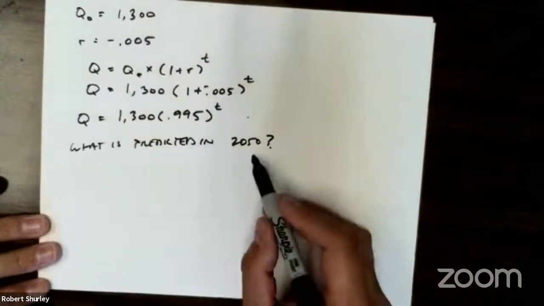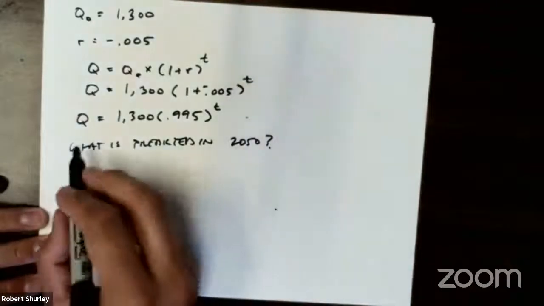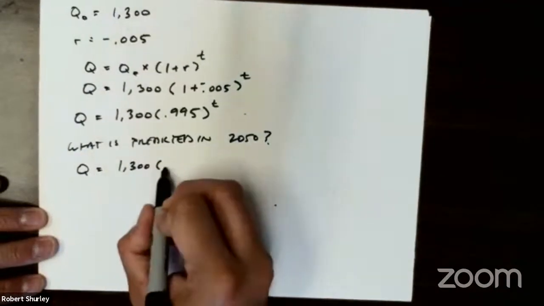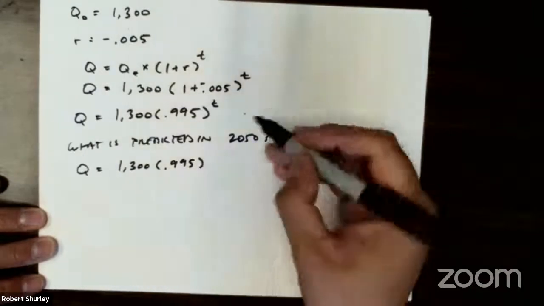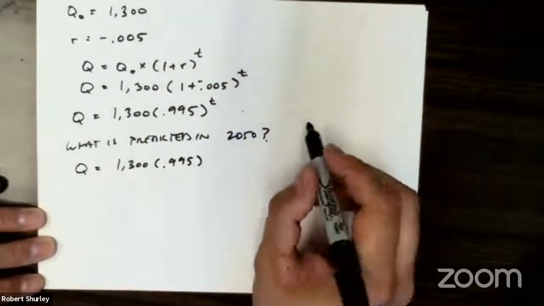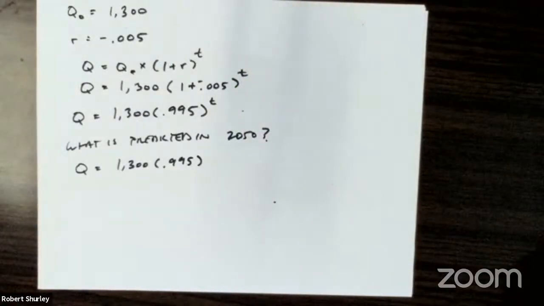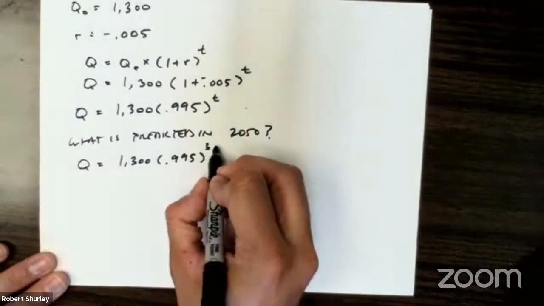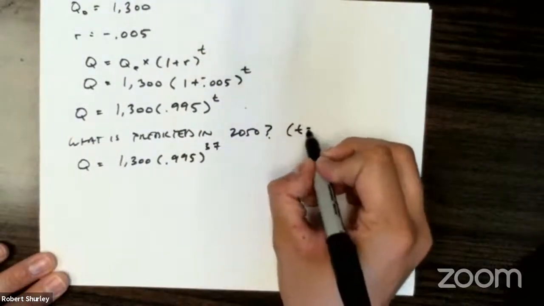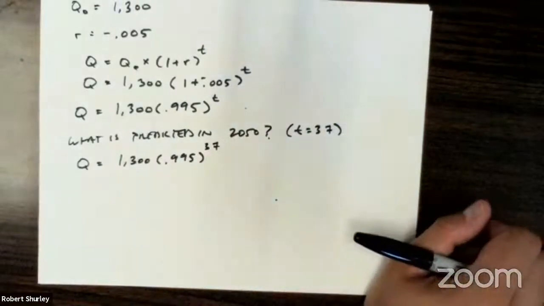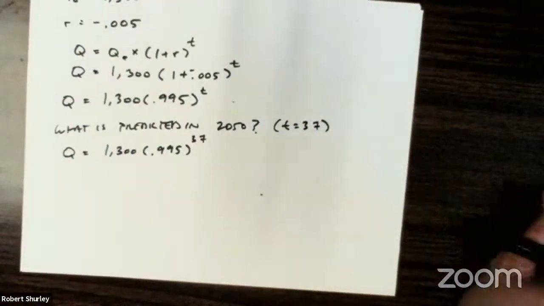Okay, anyway, so what is predicted in 2050? Let's see here. Q equals 1,300 times 0.995. Now, if we started in the year 2013, that was our initial year, so we need to do 2050 minus 2013. That's 37 years. So T equals 37 years because we started in 2013.